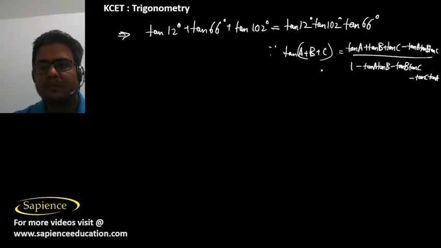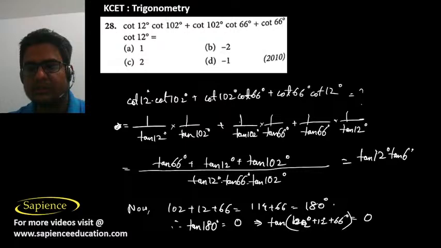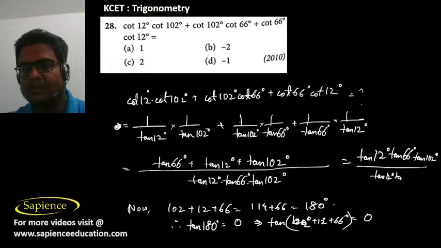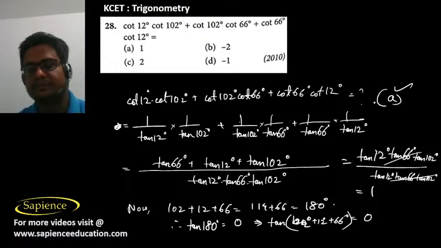So therefore this value is equal to simply tan 12 degree tan 66 degree tan 102 degree divided by the same thing, tan 12 into tan 66 into tan 102 degree. So these two will cancel, that will be equal to 1. So option A is the correct answer.